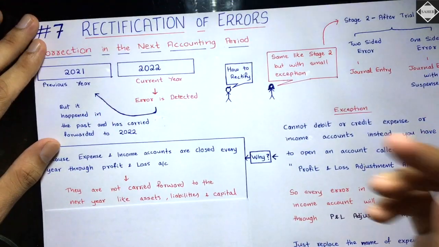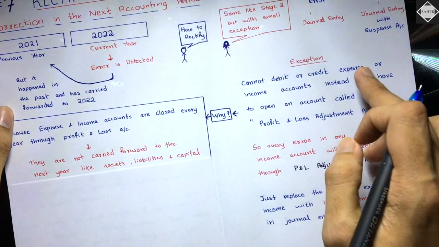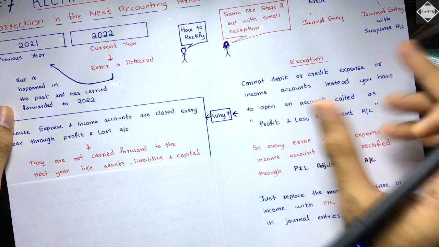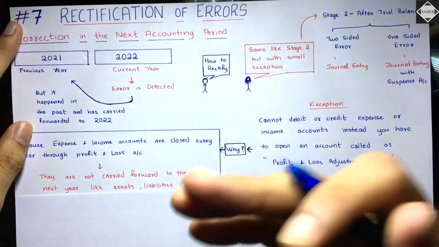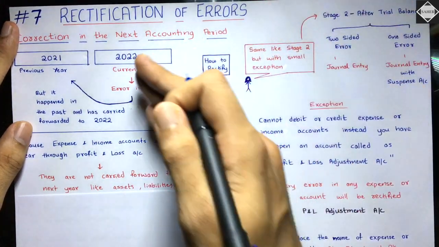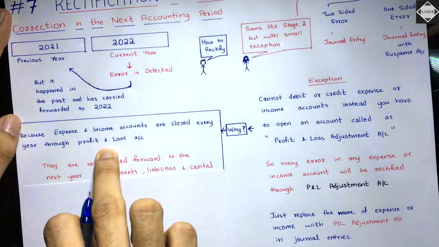The error which happened in 2021 was in which type of accounts? In expense or income accounts. If this sort of error happens, then you cannot debit or credit them in 2022, because they don't exist in 2022. They have been extinguished. They have been closed in the previous year itself through the profit and loss account.